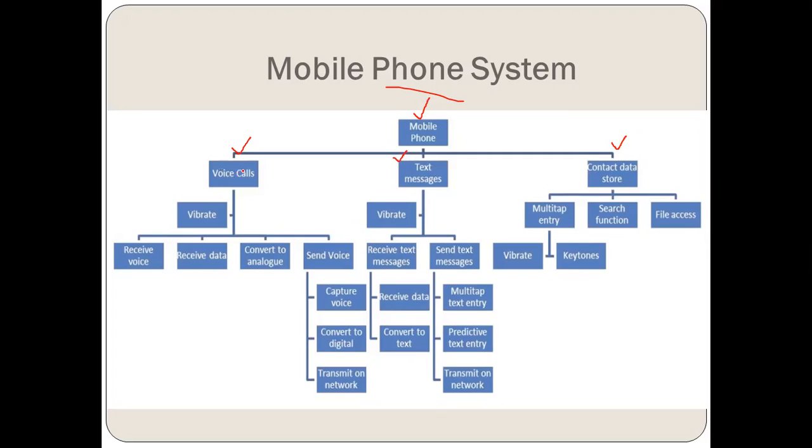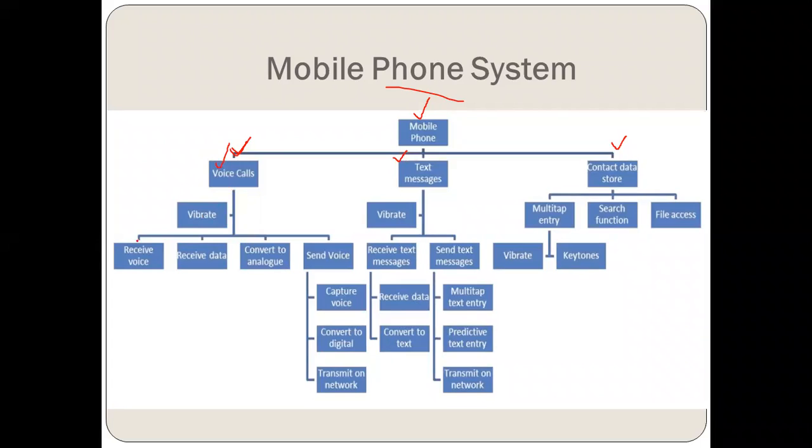These are the 3 main modules I have thought of as the working modules. Now, voice calls is not easy to program in one go. I have to make it more detailed. I have to decompose it further so that I can easily program those subtasks. When I say program, I mean I can code them.